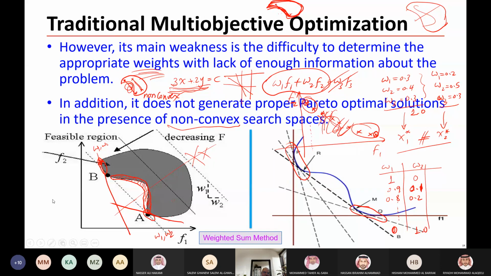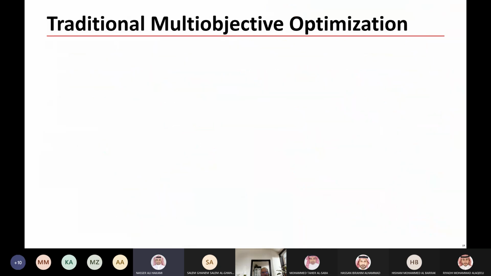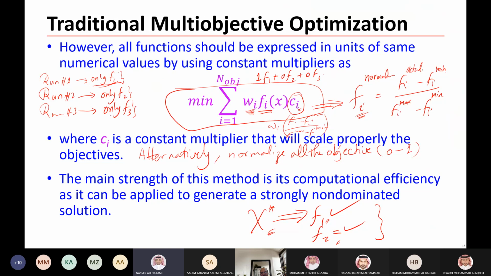Nasser? Yes, Doctor, I have a question about the previous slide on normalization. We have the equation with Fi actual, Fi minimum and Fi maximum. Fi is our objective, our fitness.